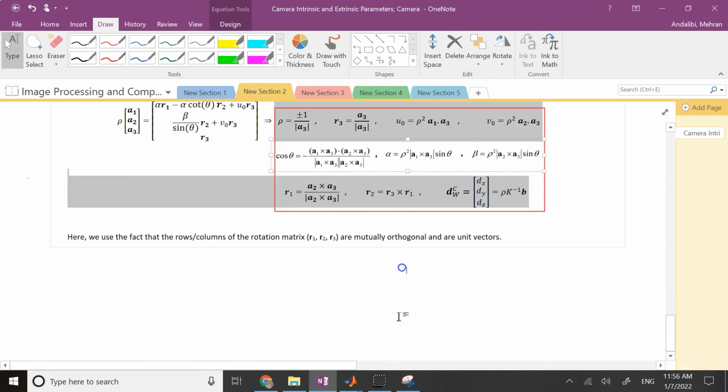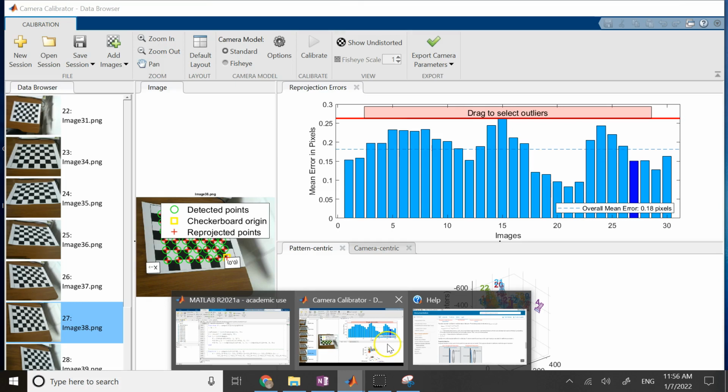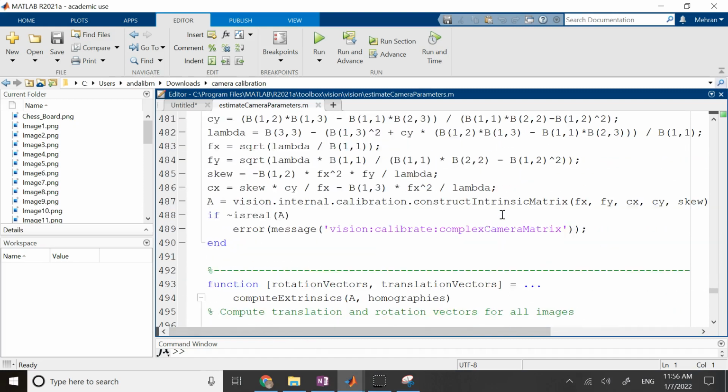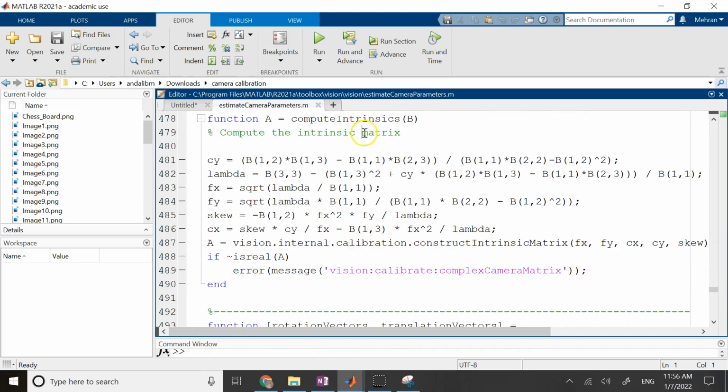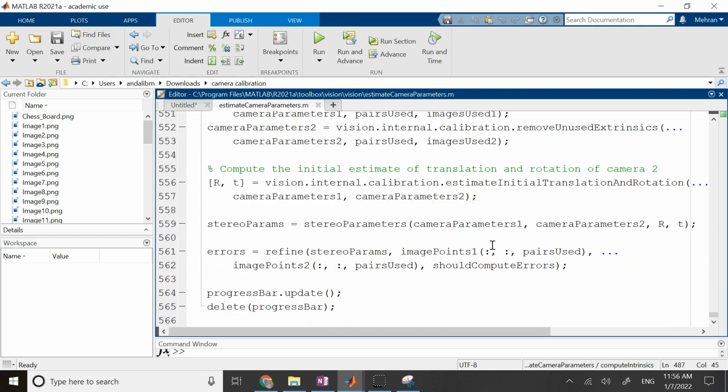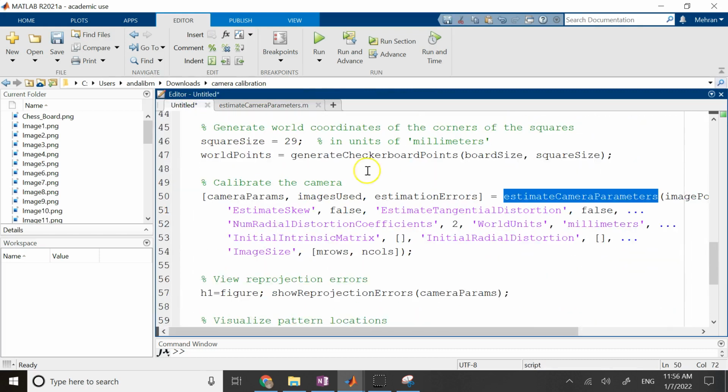But it has definitely a lot more because it added all of those radial and tangential distortions that we did not. So you have to go and decipher exactly how each and every one of these is done for you here, right? And you can learn about how the computation is done in MATLAB code.